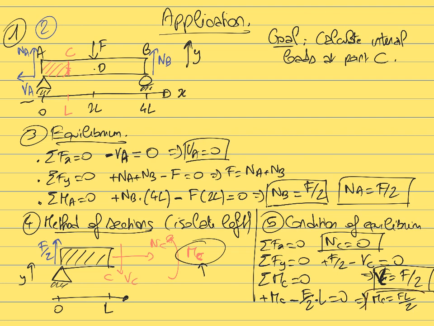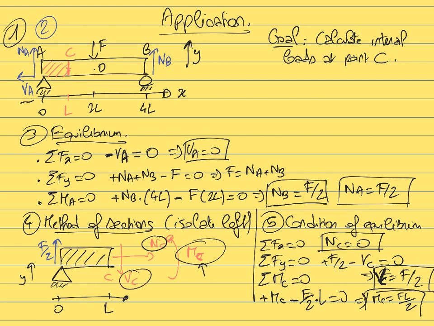And so based on this, by now applying those different steps, step 1, 2, 3, 4, 5, we have now calculated the internal loads at the point C. We have calculated the internal axial load NC, it's equal to 0.